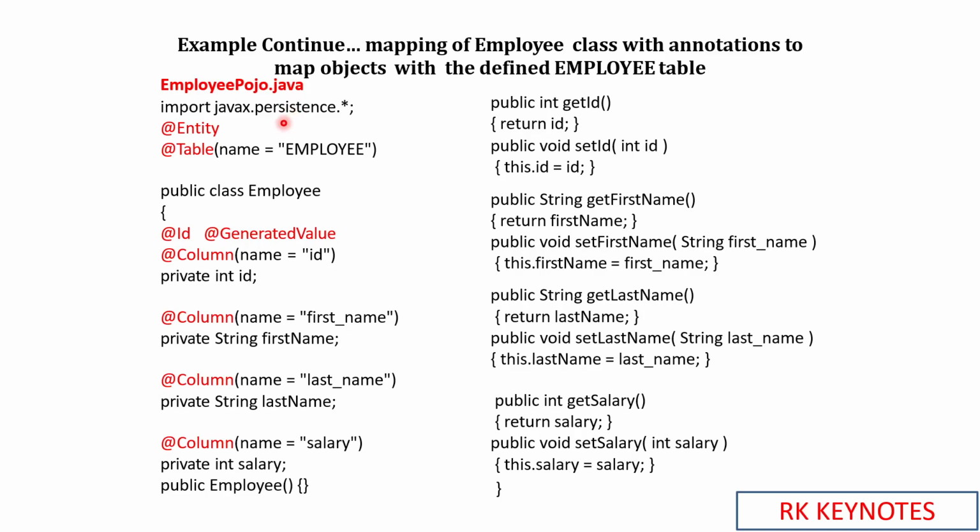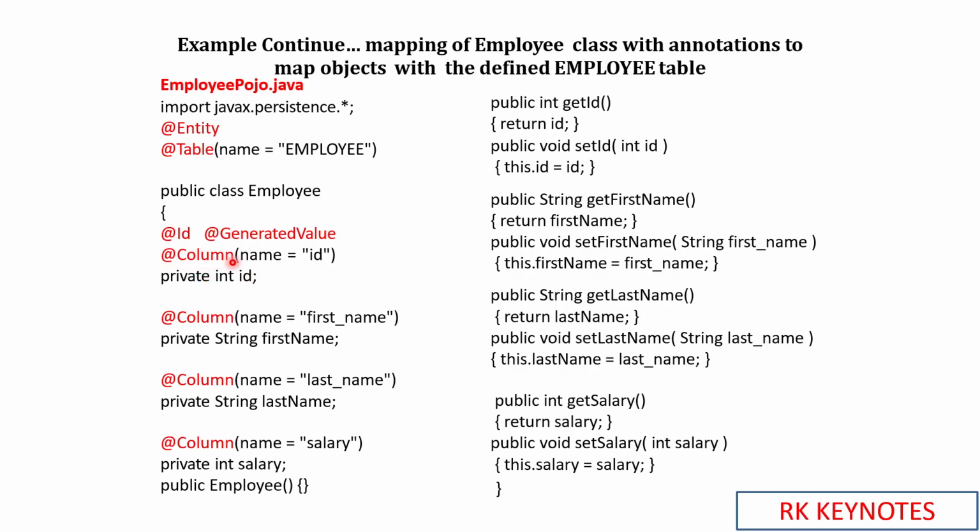I'm making this class an entity, and then I'm connecting with this table. So I need to mention the table name. Then you can see that I have 4 column names, right? 4 columns in the table. So similarly, I have 4 variables: ID, first name, last name, and salary. So I'm just mapping the column name of the table just above the variable.